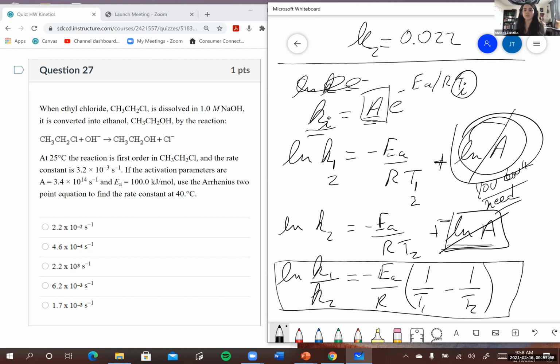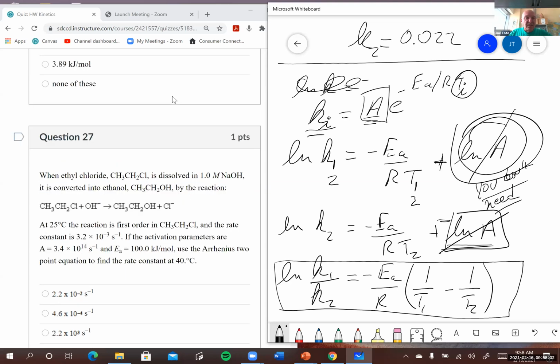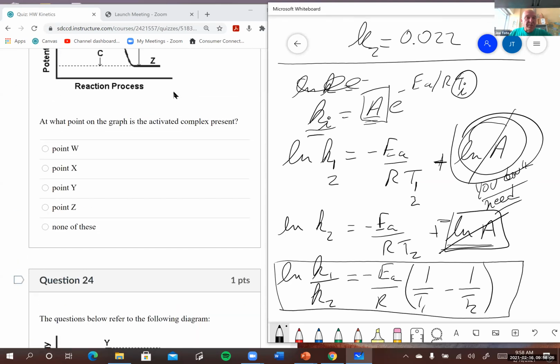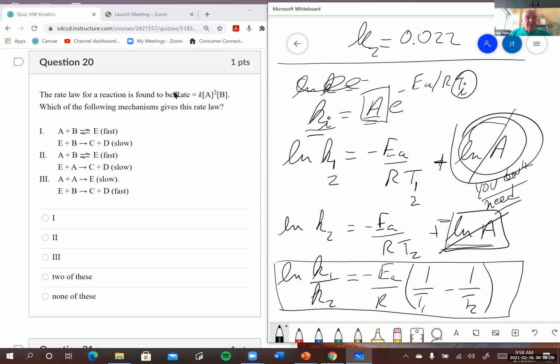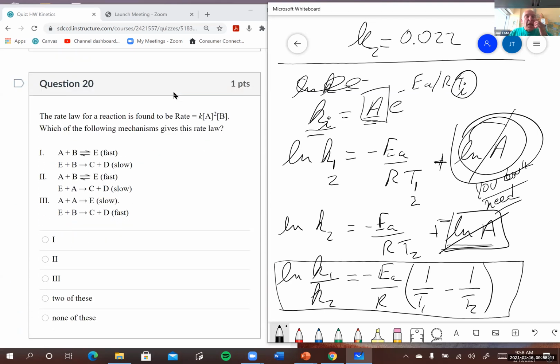No other questions? Yeah, can you go over number 20? Yeah, let's take a peek at what number 20 looks like. Okay, number 20, I'm not going to go over yet for a couple reasons. We haven't discussed that, and that was sort of the topic of our discussion today, reaction mechanisms.